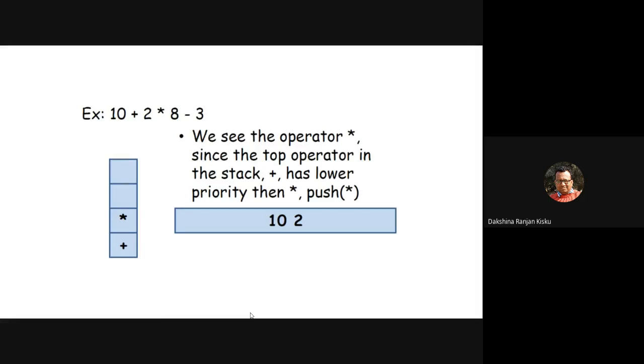If we see any operator that is found to be of less priority than the operator which is already in the stack, then we pop the operator from the stack and write the operator after the operands.